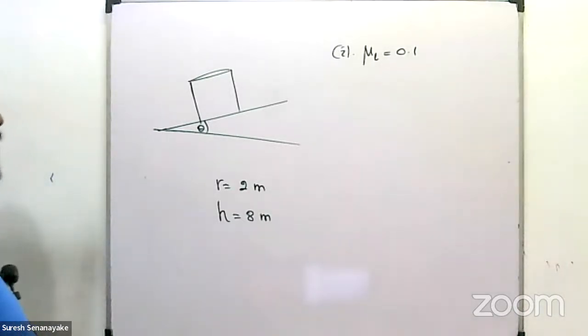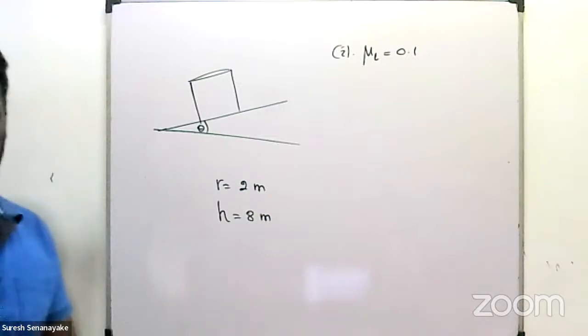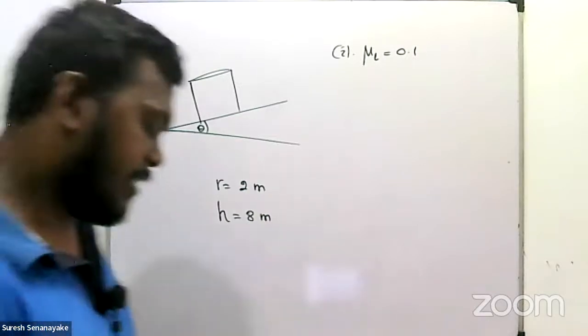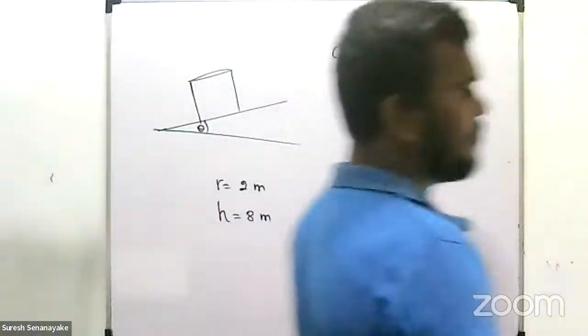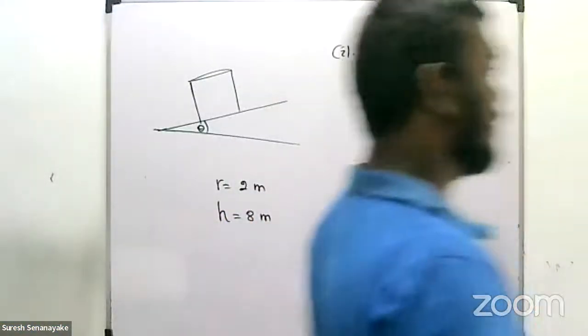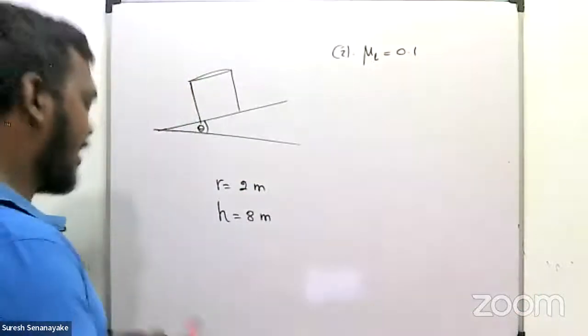At which value of theta will the cylinder start to slide down? At which value of theta does the cylinder start to slide?